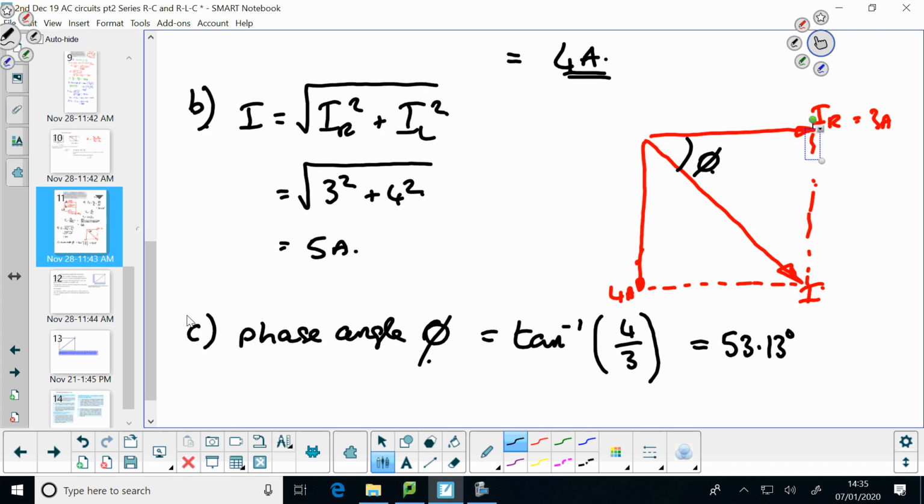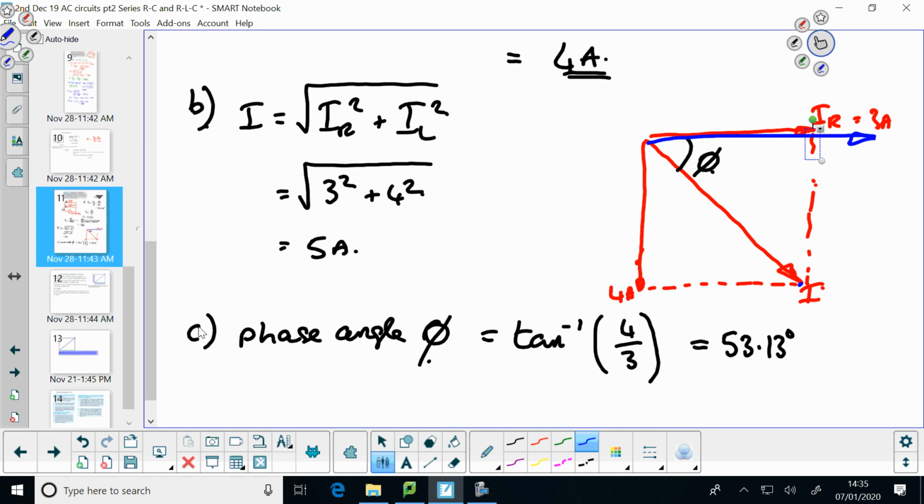Remember, you can use CIVIL, but remember that phasors move round in an anti-clockwise direction. It's the relationship between this current, I, and the voltage, which is at 0 degrees.